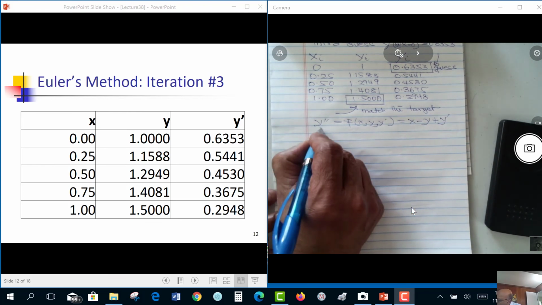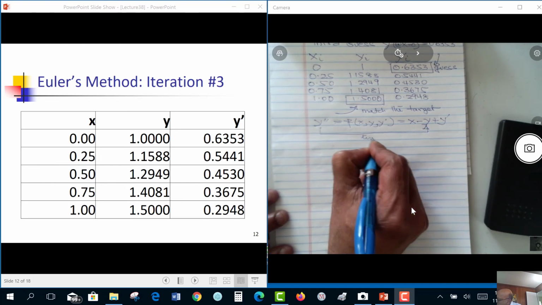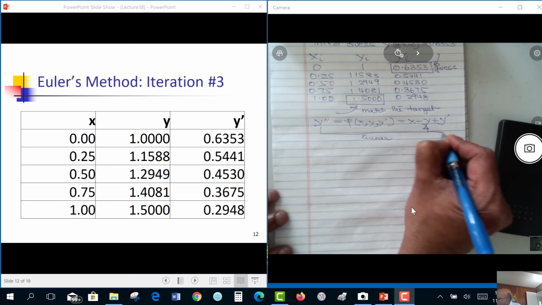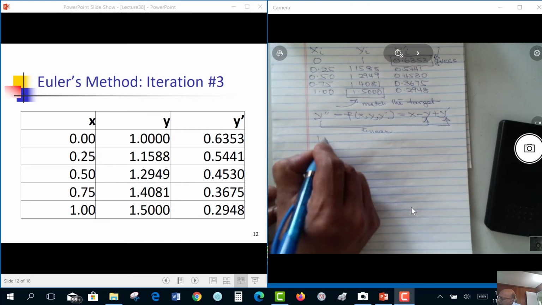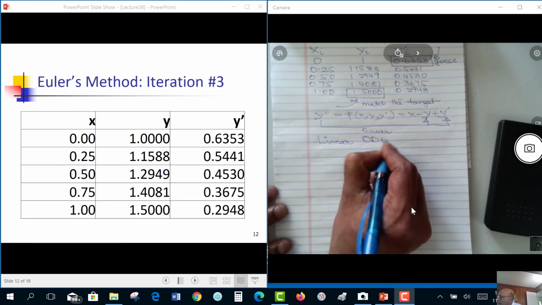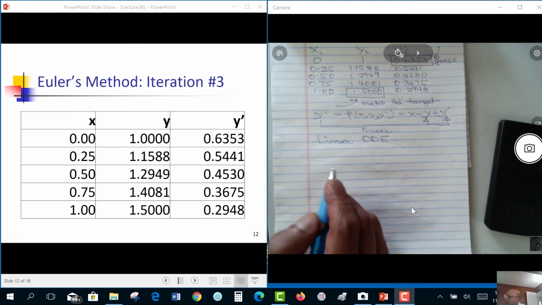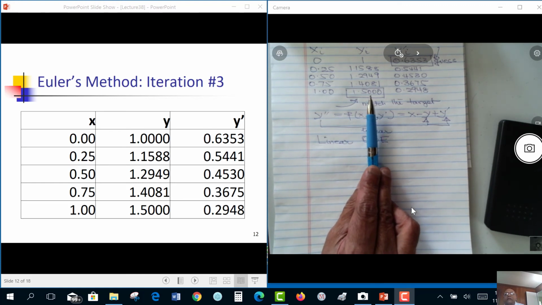Notice y double prime is linear with respect to both y and y prime. So when we have a linear ODE, it turns out that if we ignore round off errors, we should converge in one iteration.